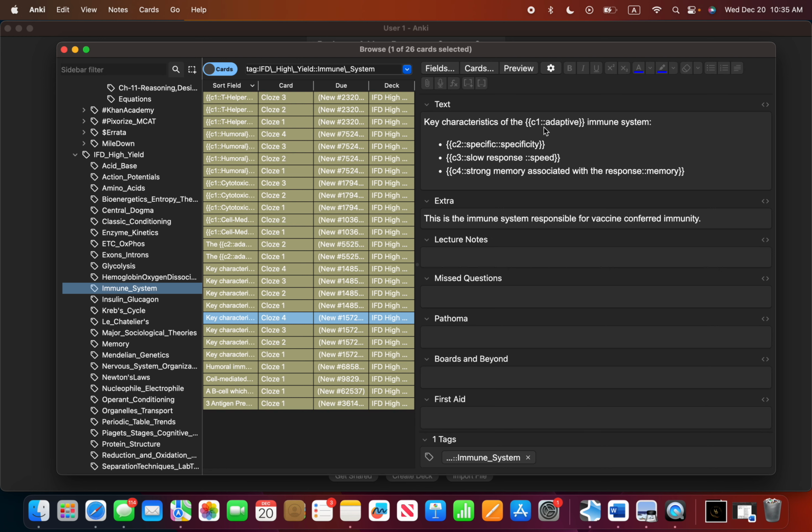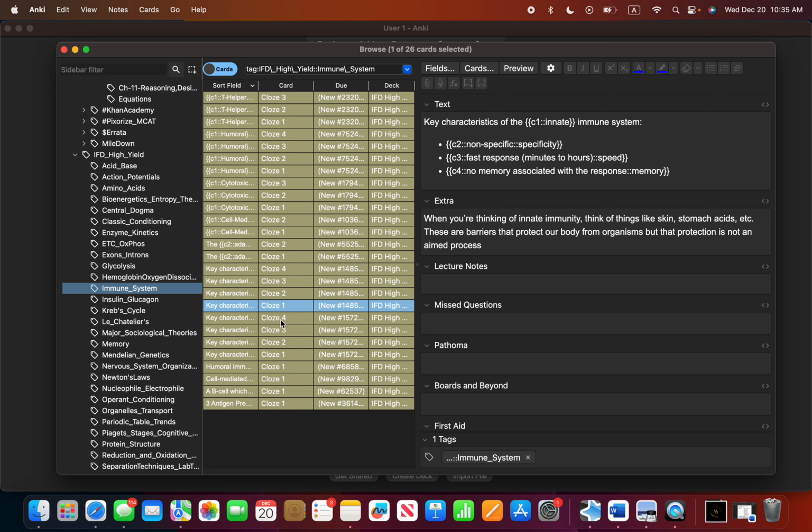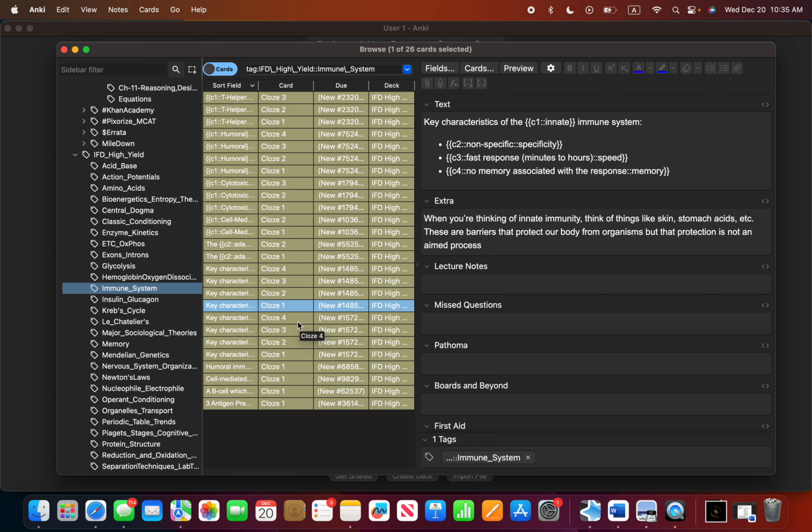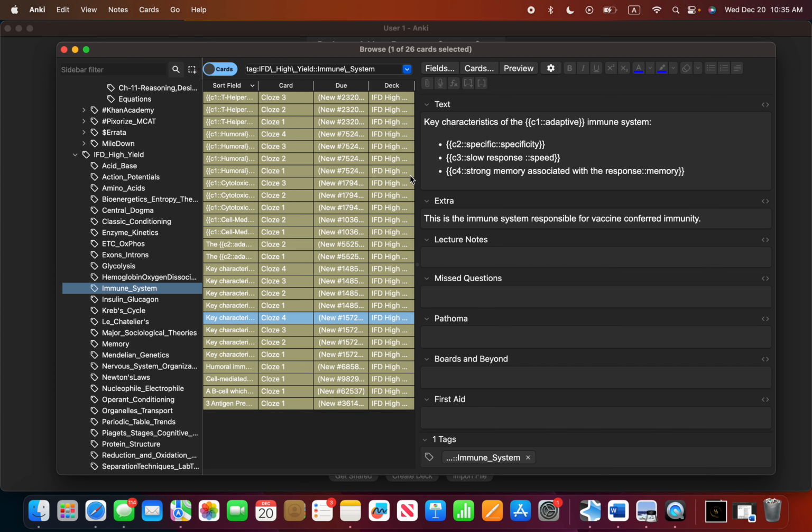And then we also have, okay, cool. So we know that the innate is non-specific, whereas the adaptive immune system is specific. We know that the innate immune system is fast, but the adaptive immune system is slower because obviously it takes some time to differentiate between the host cells and the pathogens.